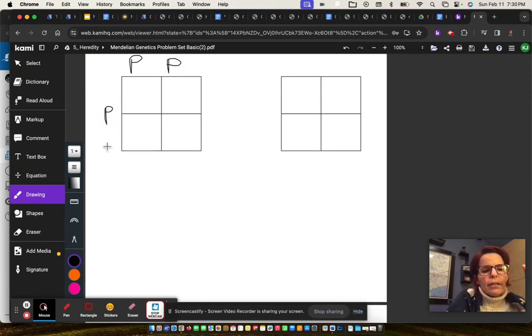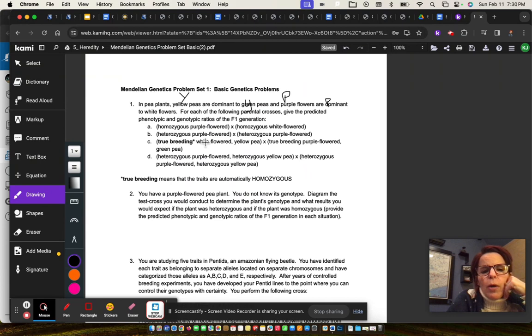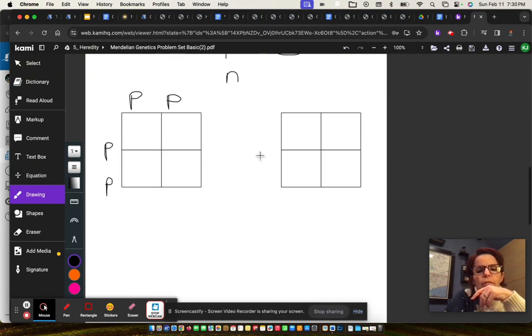The other part of it, true breeding white and yellow. So I'm going to put yellow on the side, and we said yellow is dominant and green is recessive. So yellow is going to go on the side with the capital Y's, and then the other one is green. And so that one will be lowercase y.